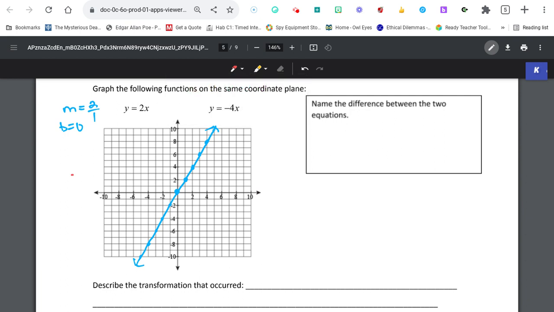All right, let's take a look at this one. The slope is -4 over 1 and the y-intercept is 0. So they do share that. They have the same y-intercept, sorry. And I'm going to go ahead and put different slopes.